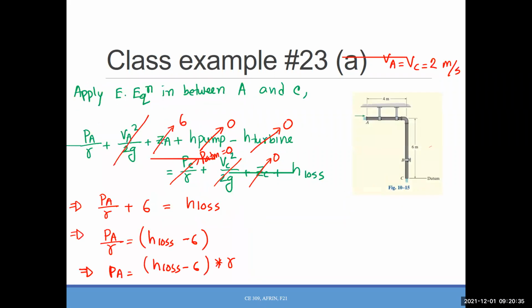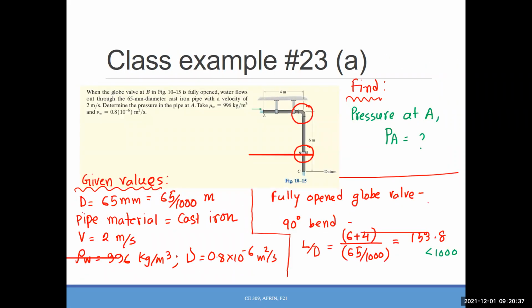You can go back to the very first one and just write down that KL is 10 and KL is 0.9, table 10.1. Okay. So write down that.